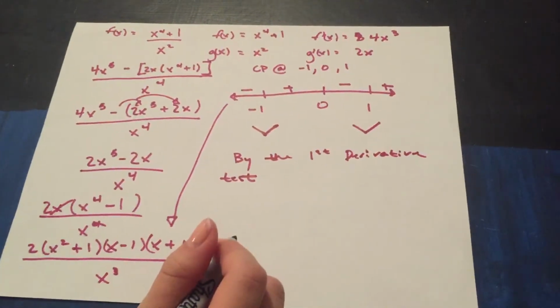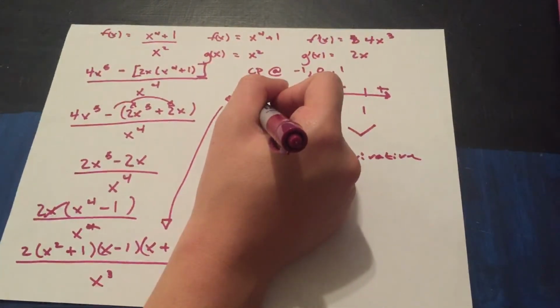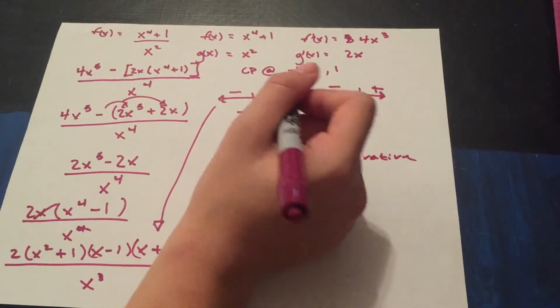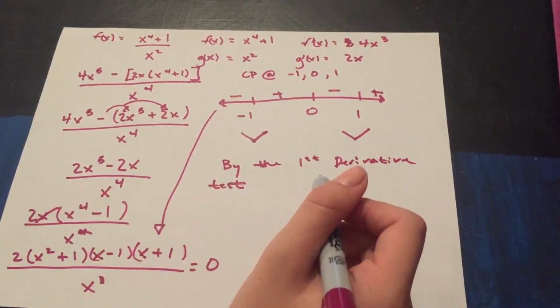Oh, and one thing I forgot: once we get these points, -1 and 1, we need to plug them back into the function to get our y values.